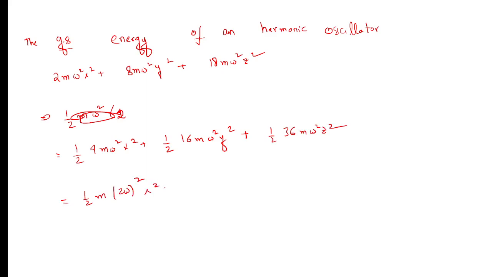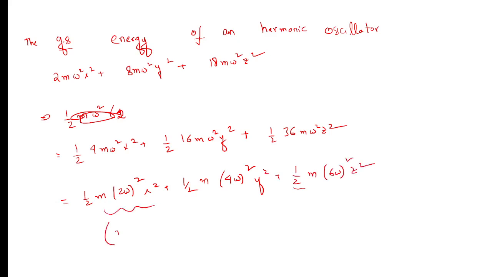I hope you can understand why I'm proceeding in this manner. I'm just writing in terms of harmonic oscillator potential, as writing in terms of half of the entire thing.